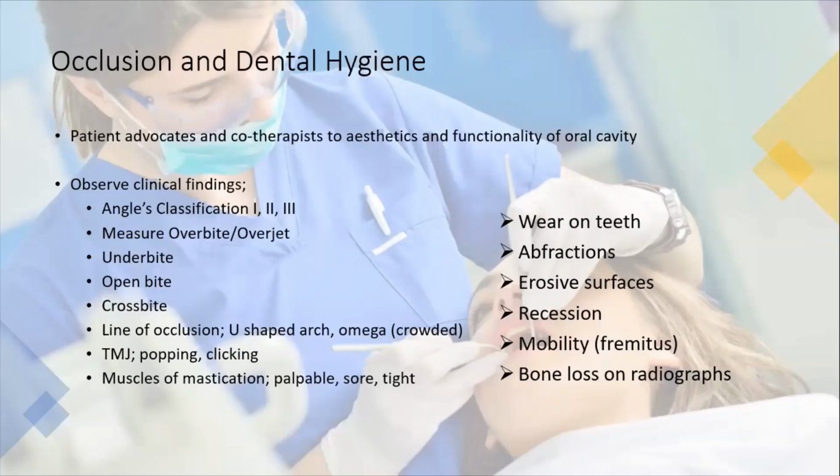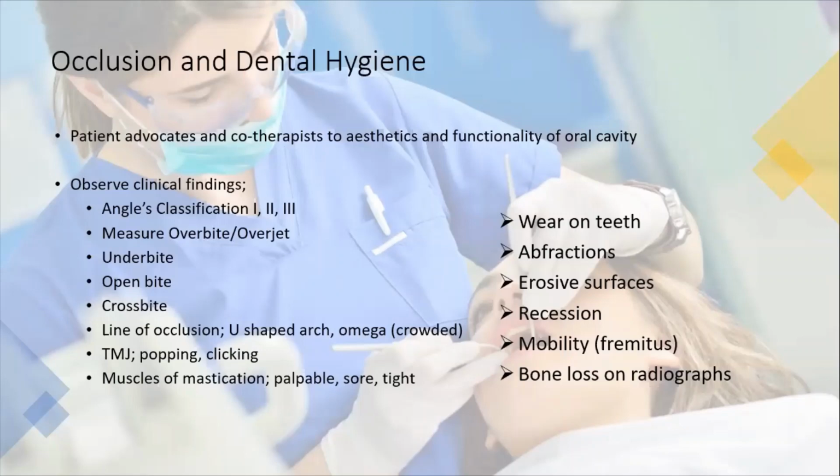I know from experience, I've seen many patients whose posterior cusps look like they were chopped off by a chainsaw, completely flat. This is also very noticeable on radiographs. They don't have those nice points anymore.